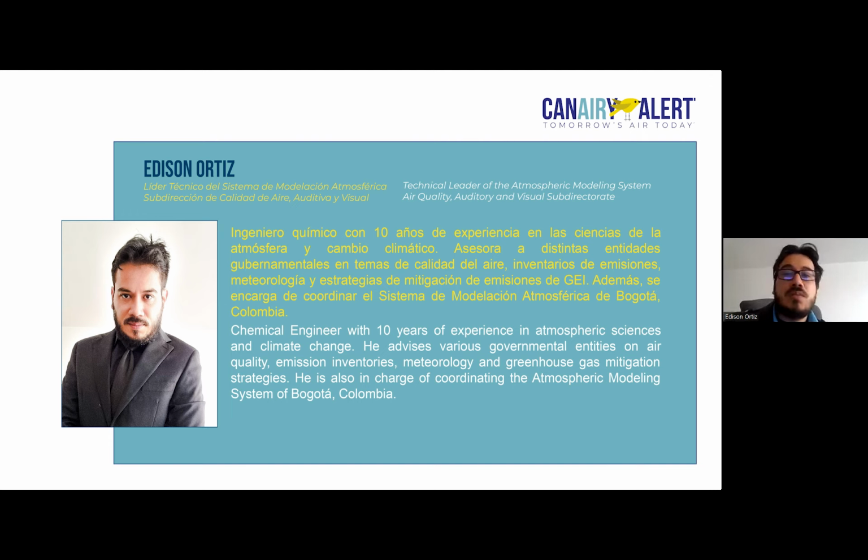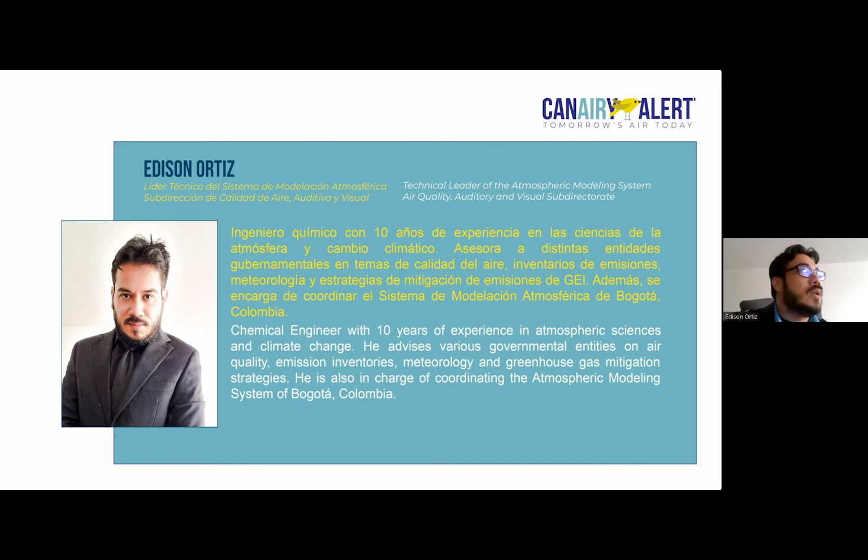And besides the creation of policies, which is of course essential, but also being able to quickly estimate pollutants is a very significant input for our air quality models we implement, which are also very robust.